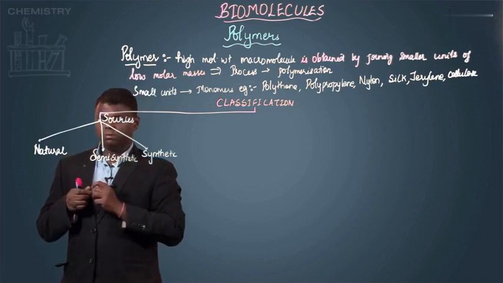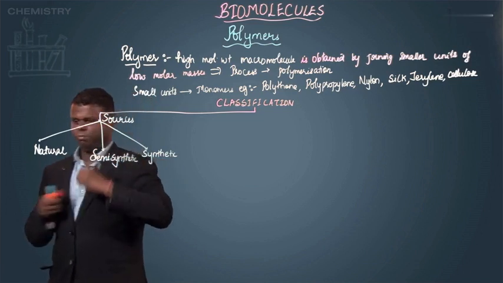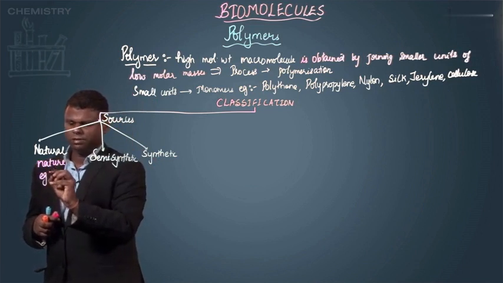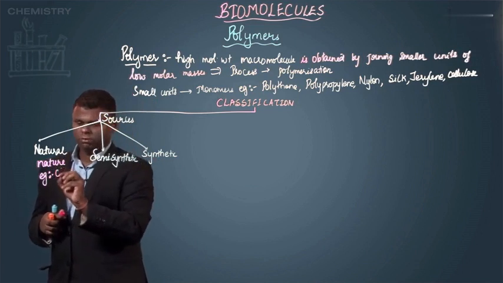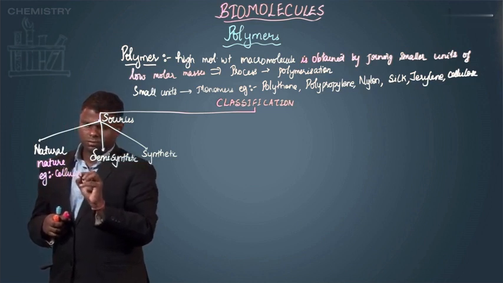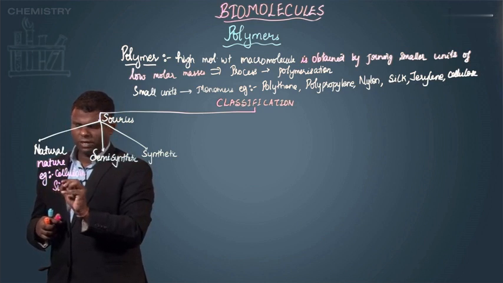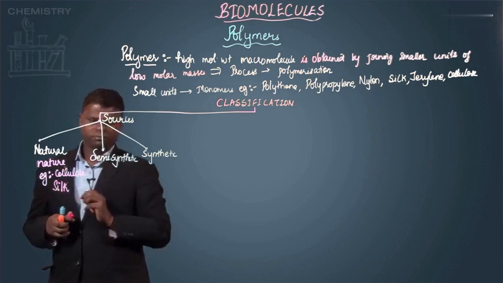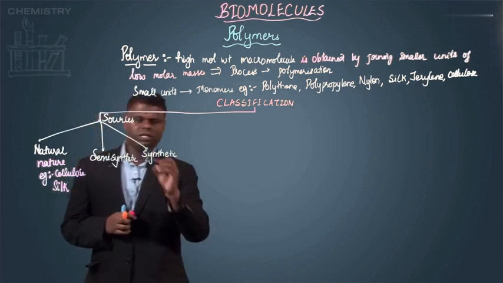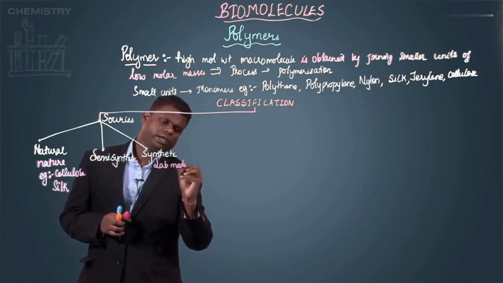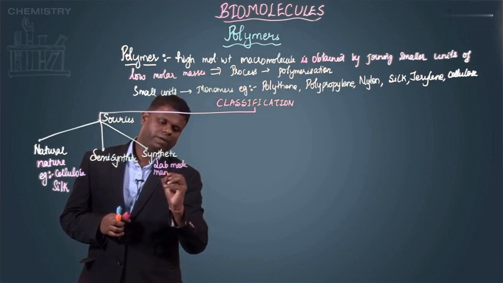Natural polymers are the polymers which are obtained from nature. An example is cellulose. Then silk is a polymer which is obtained from the silkworm. Then you have synthetic polymers. Synthetic polymers are basically lab made, you could say man made.